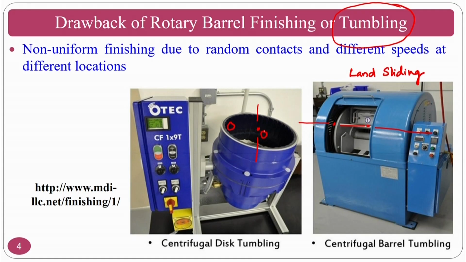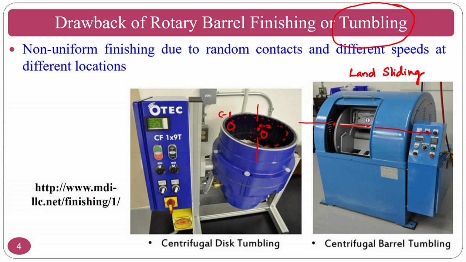The distance the objects cover will be the radius, whatever it covers. That means the number of abrasive particles covered by component 1, C1, will be very high compared to component 2, C2. That means the finishing action on component 1 will be better compared to component 2.